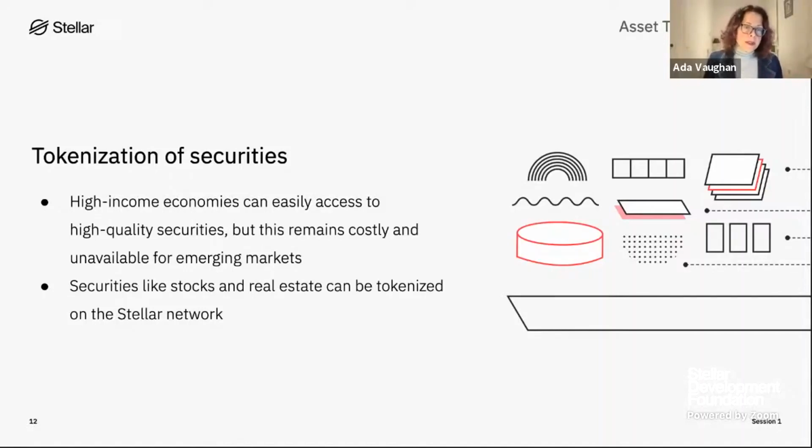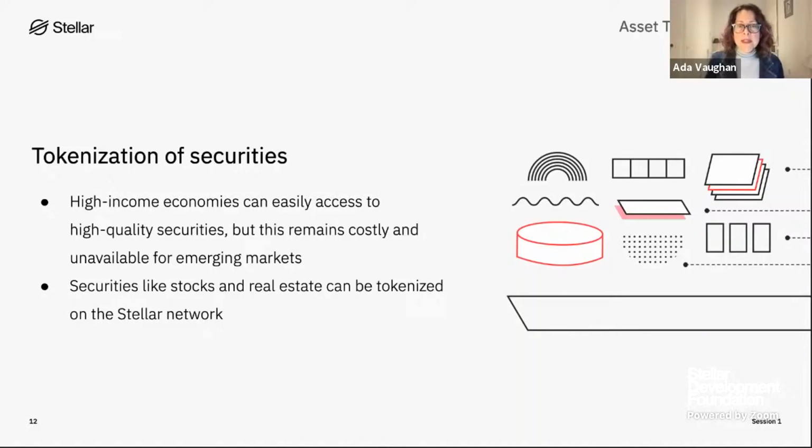However, in the rest of the world, especially in emerging markets, it is not that way at all. We can buy a share of Tesla or Apple anytime we want. But someone living in a small town in Latin America or in sub-Saharan Africa or other parts of the world simply doesn't have access to these kinds of assets.